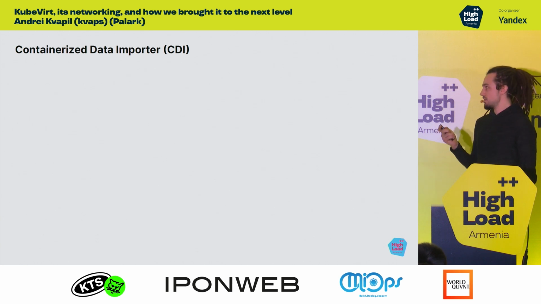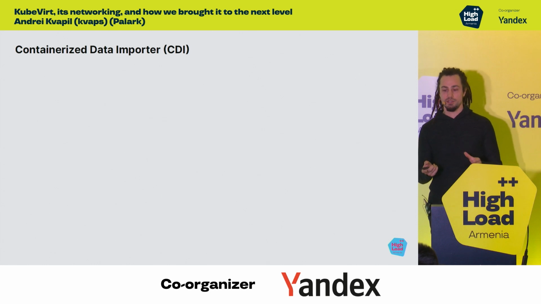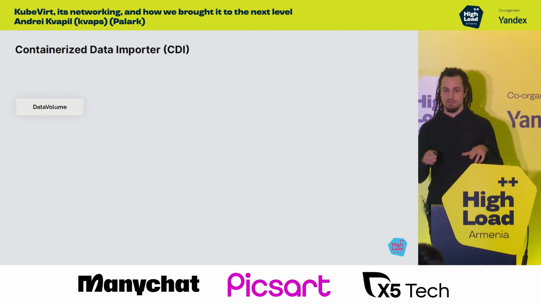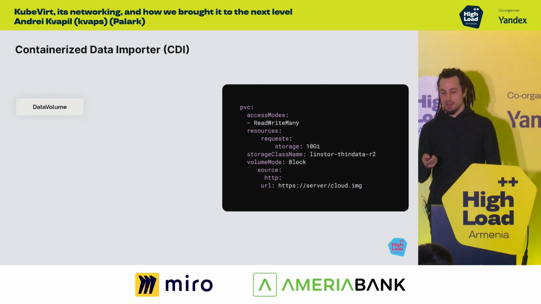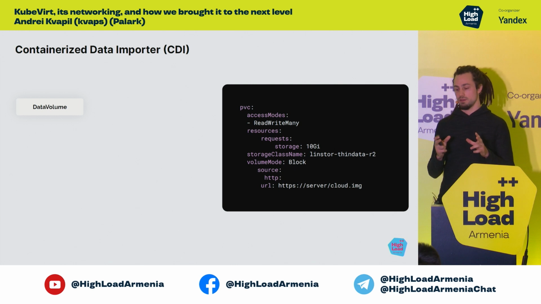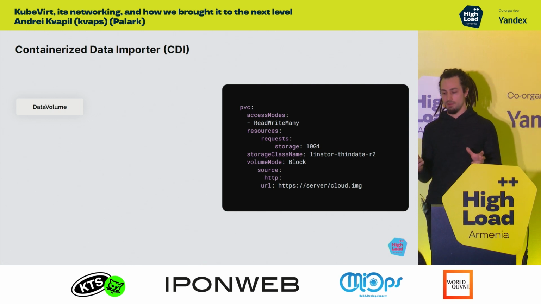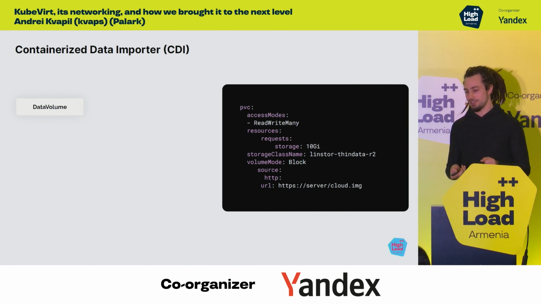KubeVirt has an additional microservice called Containerized Data Importer, a separate operator which introduces a specific custom resource called DataVolume. In the spec we can specify how big the volume should be and where to take the image. It can be some HTTP source, or we can store it somewhere in a Docker registry.